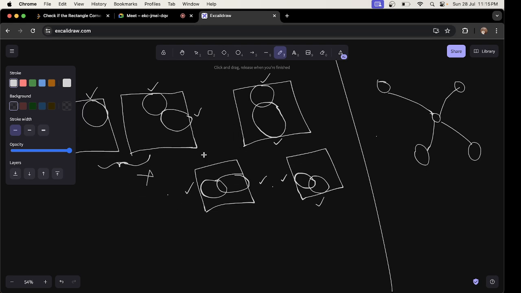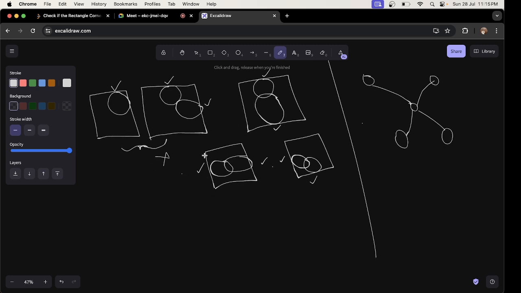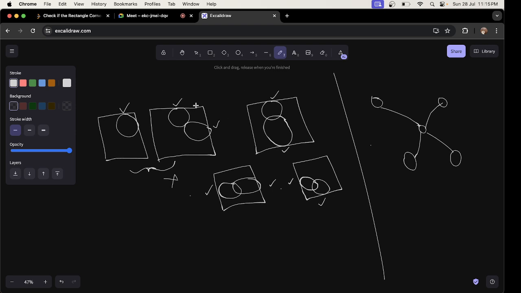Now the thing is very simple. You just check whether there is a path from the top node to the left node, or from the top node to the bottom node, or from the left node to the right node, or from the left node to the bottom node.